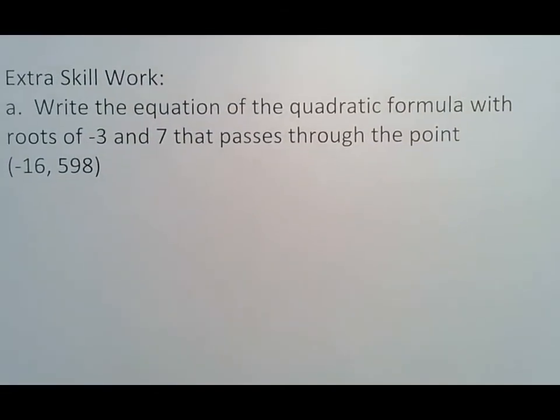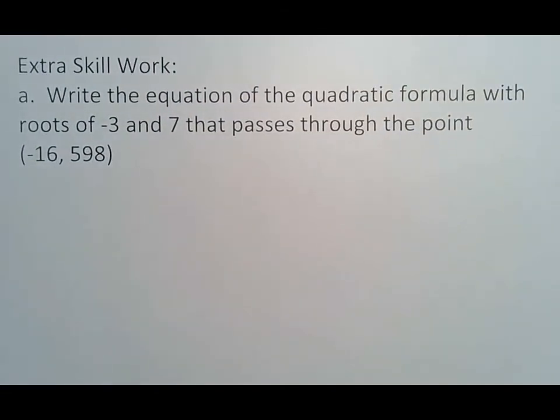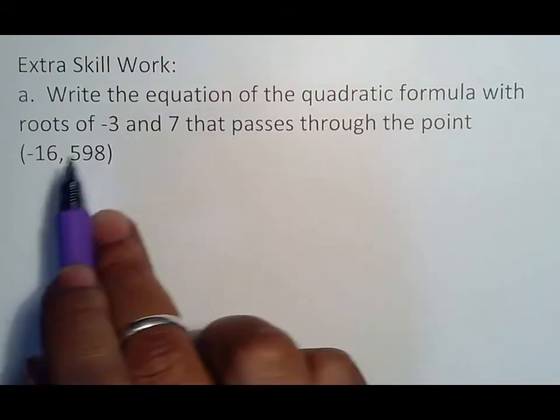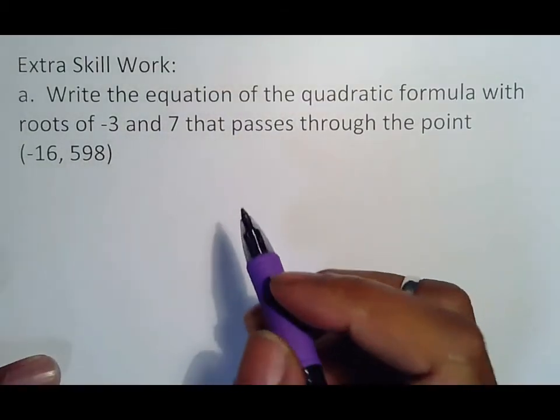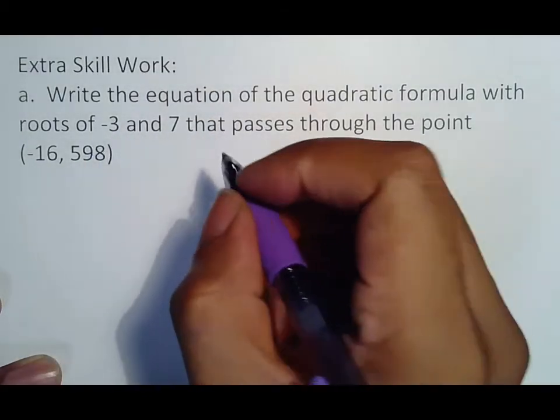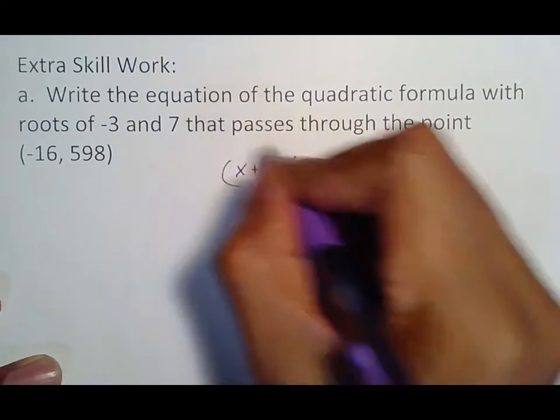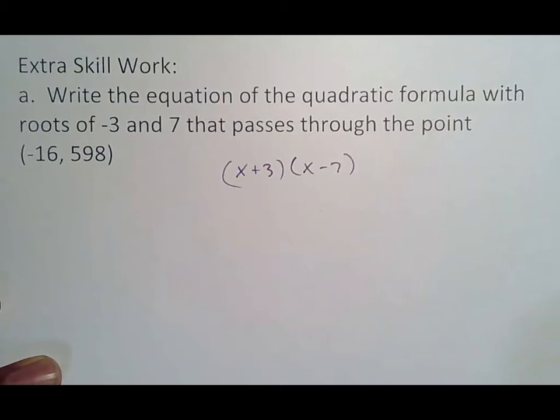The very last thing you're going to see on your homework is stuff that kind of pushes your ability to think a little bit, because of course that's what we're here for. And so it'll say write the equation with the roots of this and this that passes through this point. And so the first thing you want to do is use this part here. So we of course want to use the x plus 3, and we want to use the x minus 7. Alright.